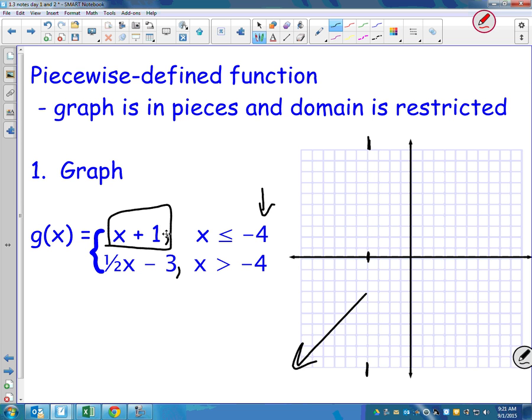Plug in -4. -4 plus 1 is -3. So at -4, it's going to start at -3 and then do your slope, which would be going that way, down 1, back 1, down 1, back 1. And notice I filled in the circle because it's included.